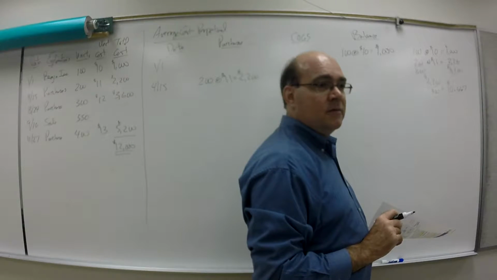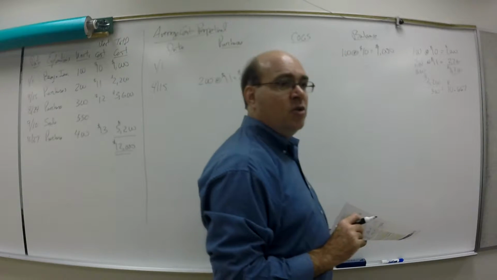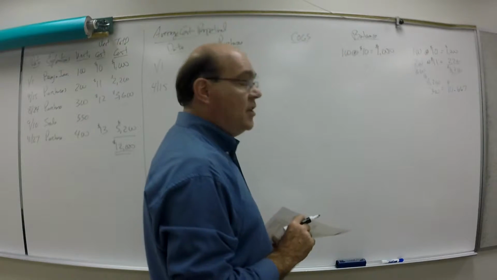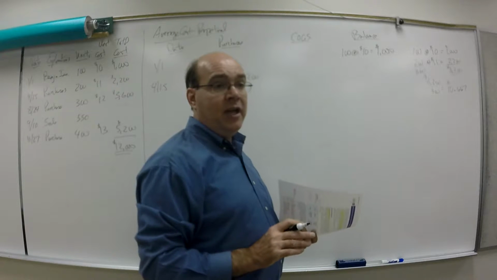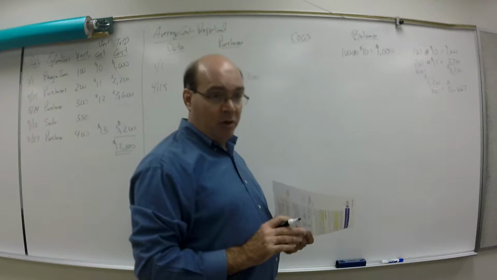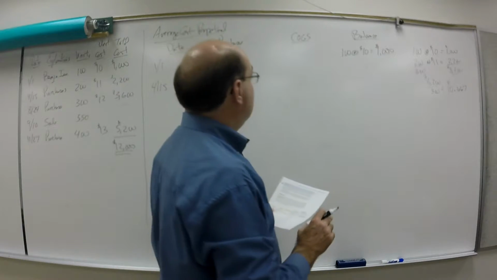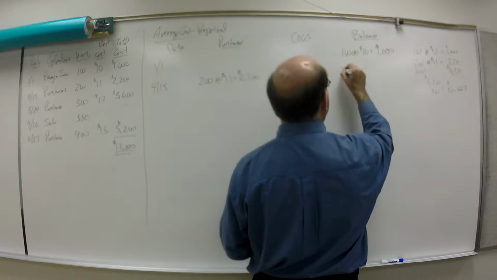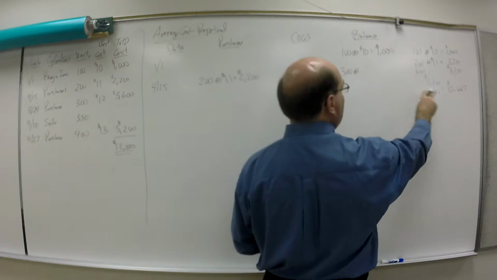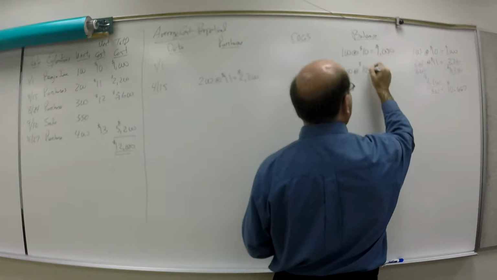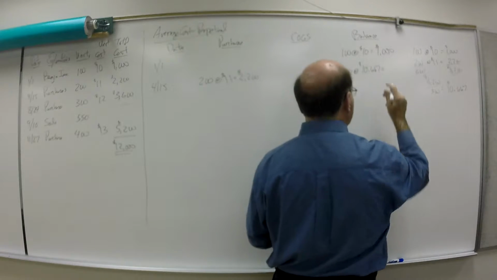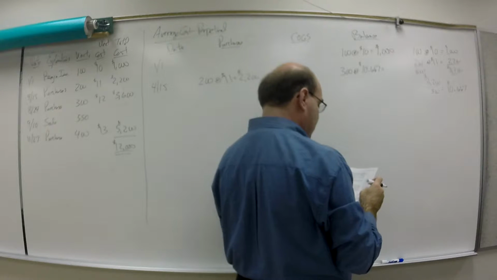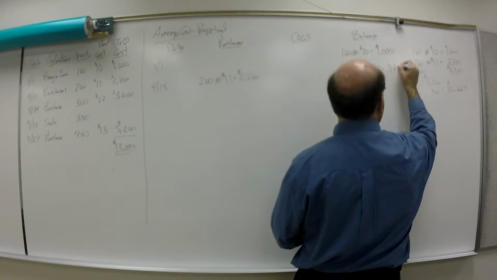Yeah, purchase, sales, purchase, purchase, sales. They make you do it multiple times, so you have to keep recalculating this. You don't have to do it after a sale, but after every purchase you have to do a recalculation. So now we have 300 units, and our new cost is $10.667. So now we end up with a balance of $3,200.